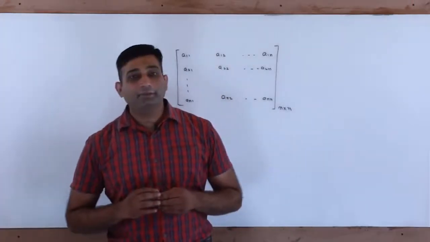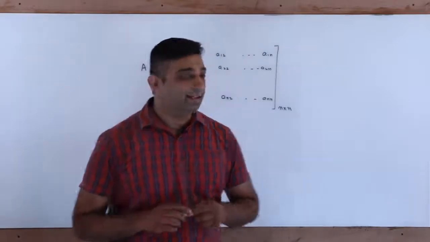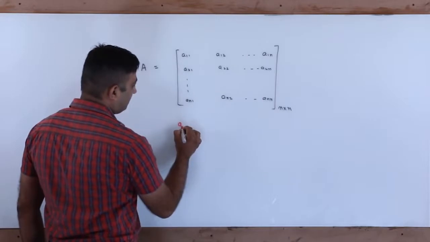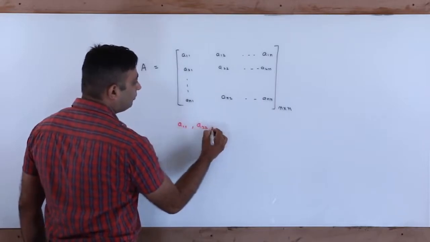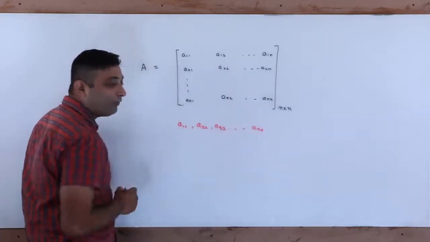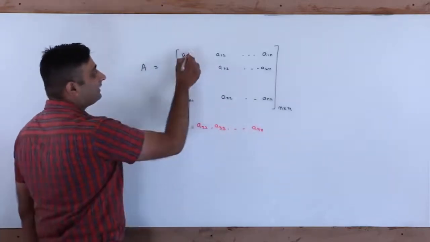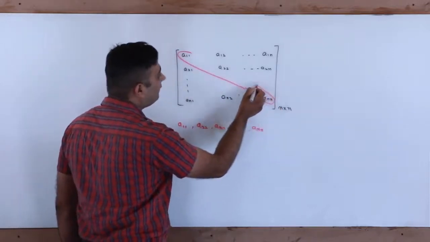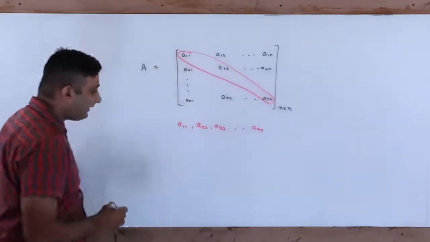If A is a square matrix of order n by n, then the entries A11, A22, A33 up to Ann are said to constitute a diagonal. That means these entries constitute a diagonal of a given matrix.